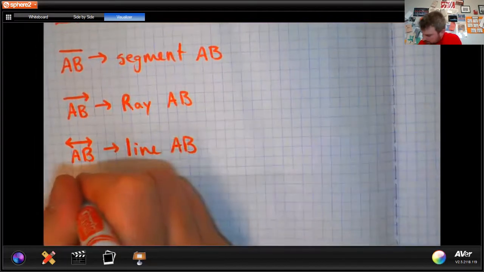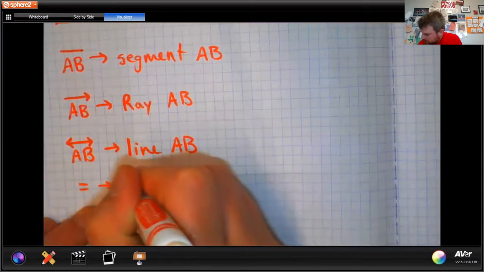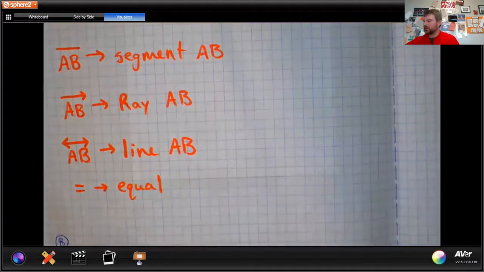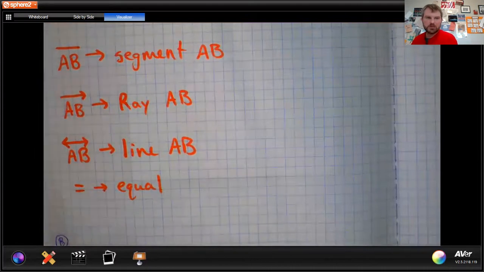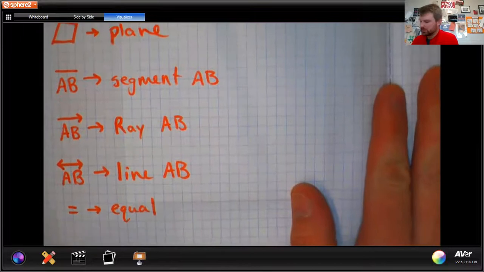And then the last one we're going to look at is equal. Now, these aren't the only ones we're going to look at this year in geometry, but these will definitely get us going in the right direction, okay?